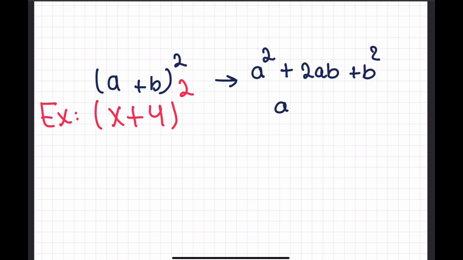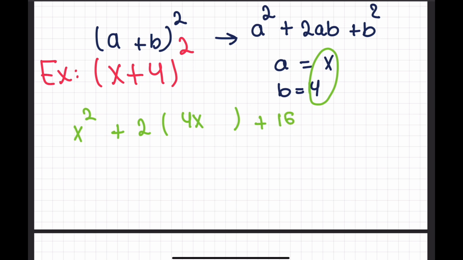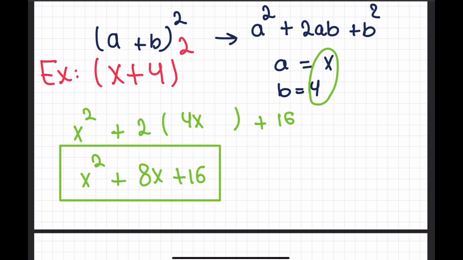In this scenario, a is x and b is 4. So a squared means x squared, plus 2 times ab, which is 4x, plus b squared, which is 4 squared, or 16. The final answer is x squared plus 2 times 4x, which is 8x, plus 16. And this is your answer for this example.